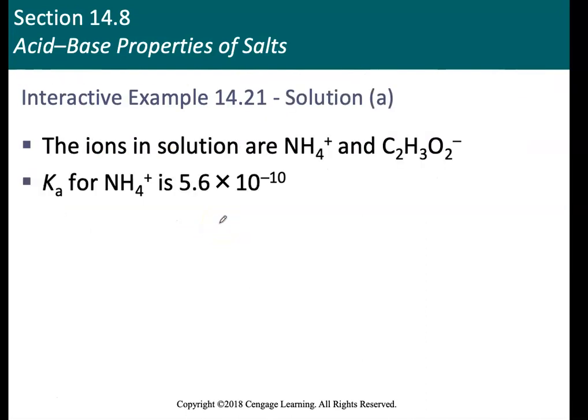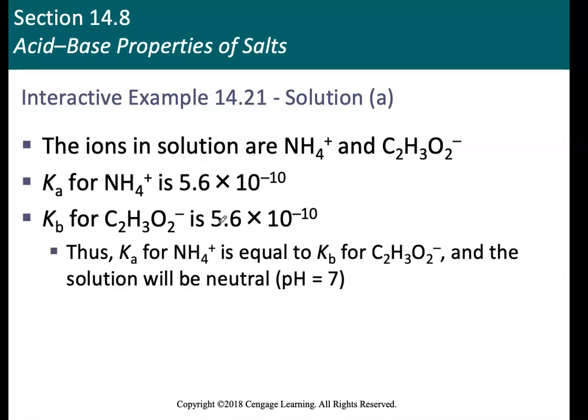If you look at the Ka values, Ka for NH4 is 5.6 times 10 to the power minus 10, and Kb for acetic acid is 10 to the minus 10. What do we get? Pretty much they neutralize each other. They have the same Ka and Kb values. So that means they cancel each other out and you expect a neutral.